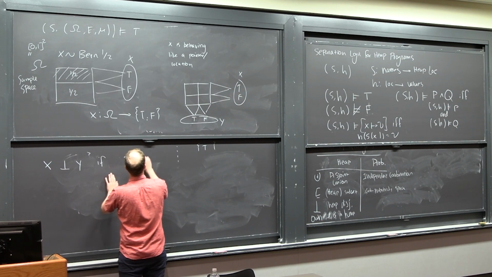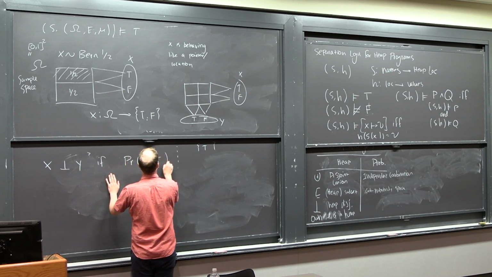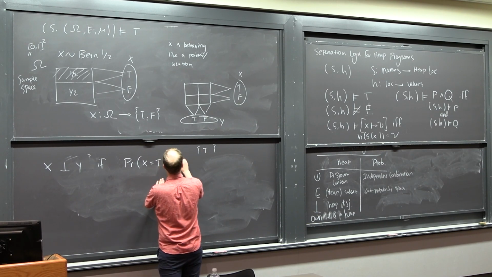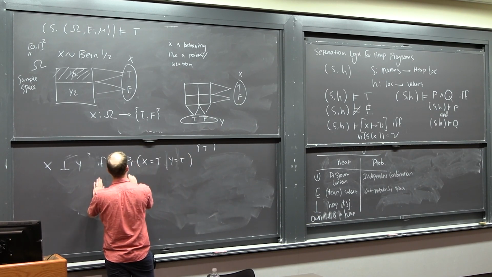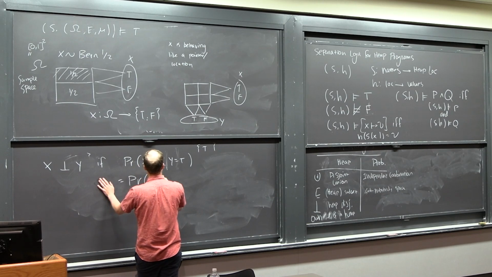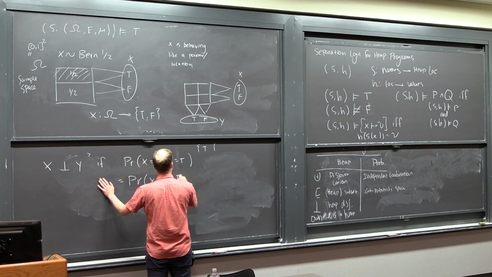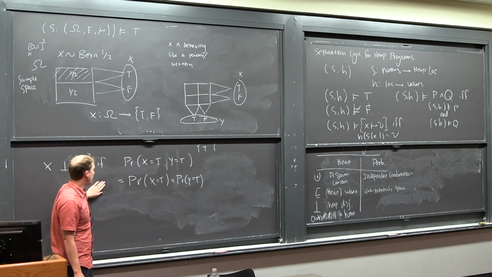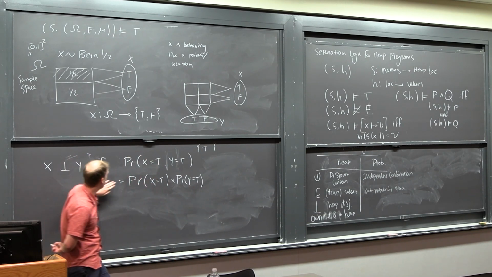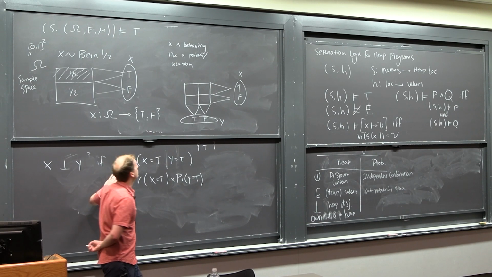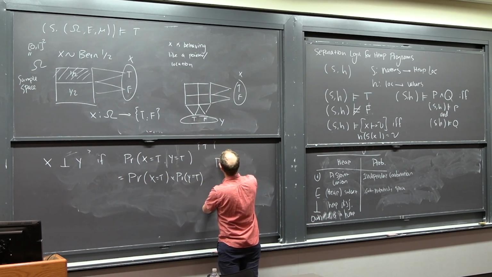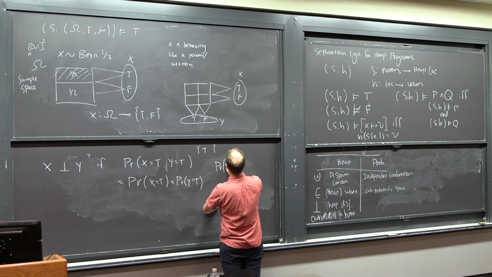So the probability that x is equal to true and y is equal to true is equal to the product of the independent probabilities. Right? That's what it means for them to be statistically independent, that their probabilities factorize. So if I were looking up here, what would it be? So the probability that x is equal to true, comma, y is equal to true.